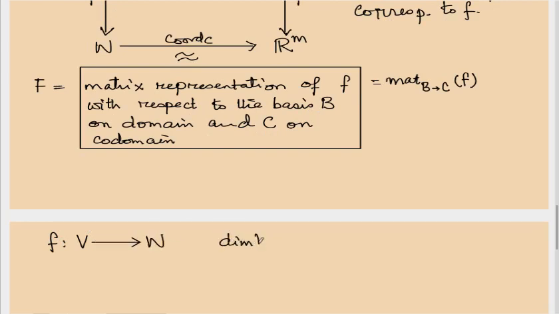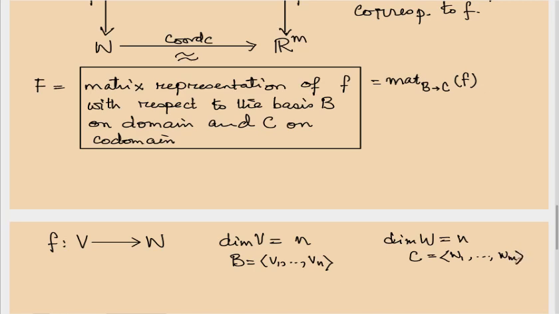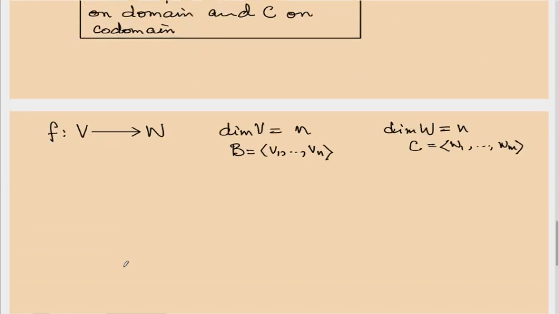Dimension of V is N, dimension of W is M, B is a basis and C is a basis. How do I compute this?